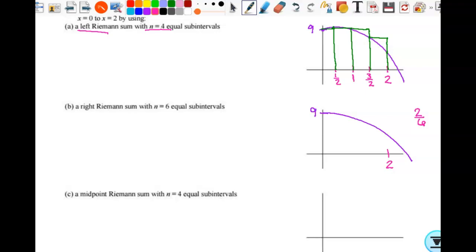If you're dividing something that's an even number, like I'm dividing by 6, I can divide this in half and get to 1. And then if each half I divide into thirds, wouldn't I have 6 pieces? So this would be 1/3, 2/3.